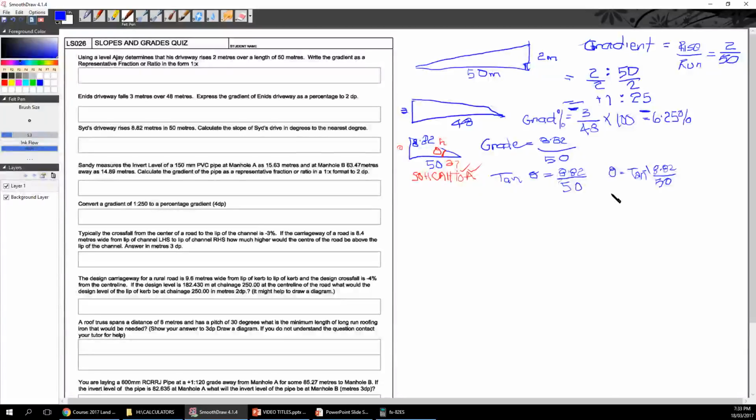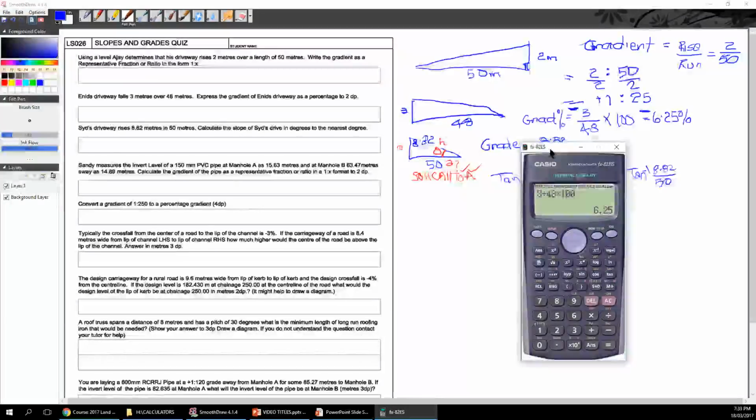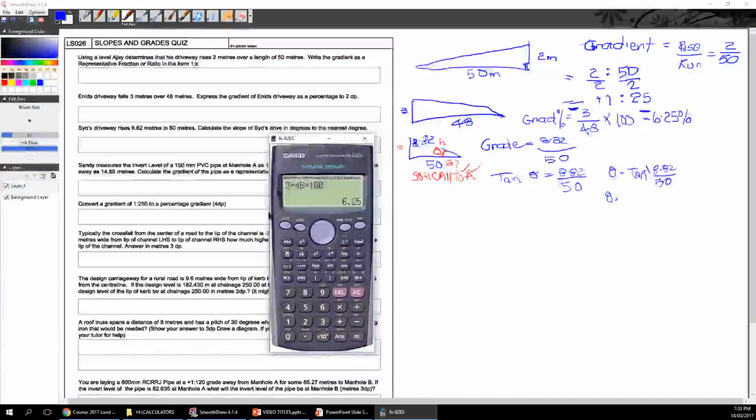And theta equals, so let's get our little calculator out here. Alright, so we go shift, let's just clear here, shift tan, no that doesn't look right, all clear.